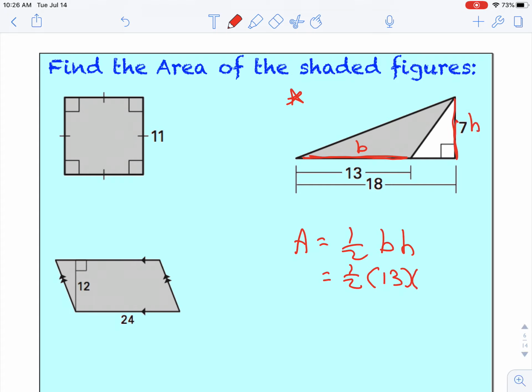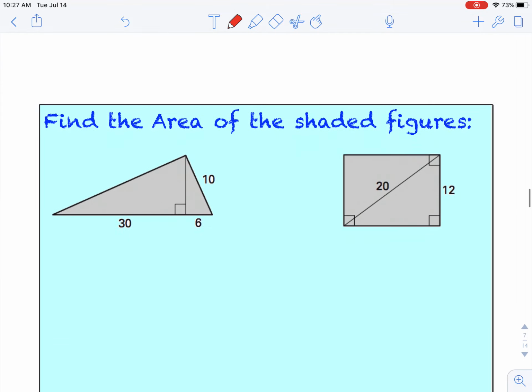Our height has to be perpendicular to the base, so in this case our height is drawn outside the triangle. That's our height. So we have 1/2 times 13 times 7, which gives you an area of 45.5 units squared. Okay, the other two should be pretty simple, so go ahead and just solve those on your own and then check back to the notes.